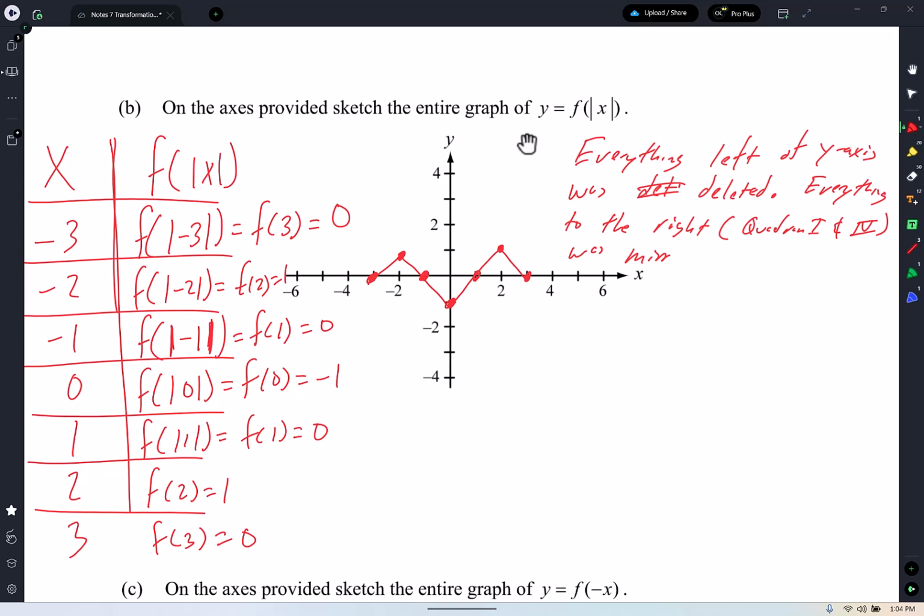How do I spell mirrored? M-I-R-R-O-R-E-D. Mirrored across what axis? Y-axis. I was going to say reflect, but I think mirrored is a better word because it's symmetric. When you look into a mirror, you see yourself and your image. So it's the same thing here. Kind of.